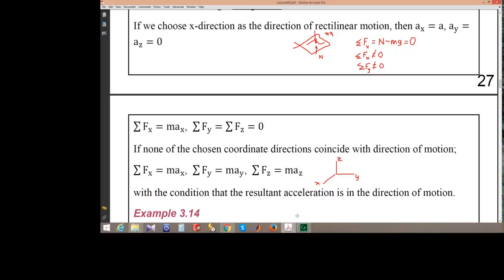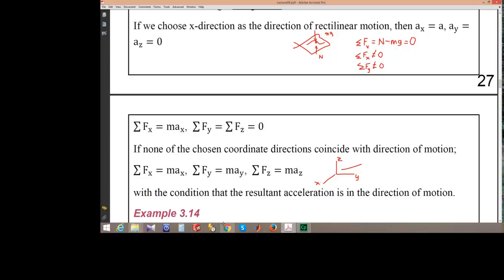Now the motion could be in this direction, and because you already chose your coordinate frame not in the direction of the motion, none of the unit vectors of this coordinate frame are in the direction of the motion, then you will get accelerations in all these three directions, and you get Fx equal to max, Fy equal to may, Fz equal to maz. And you need to solve this problem by using these three equations, which is not very convenient.